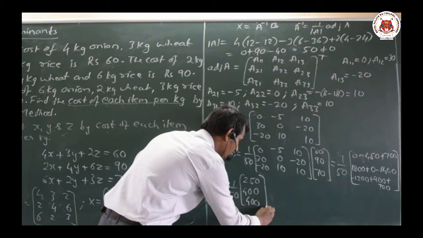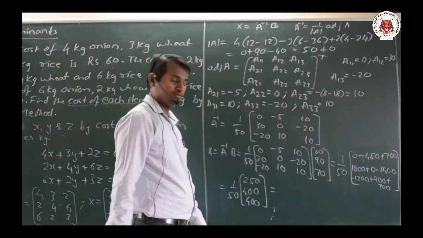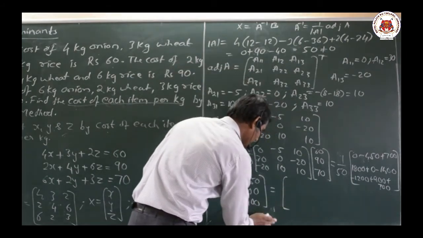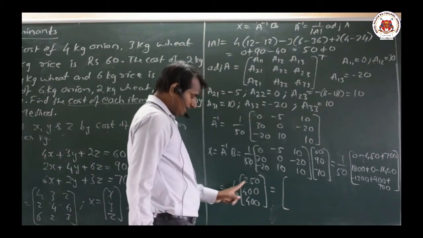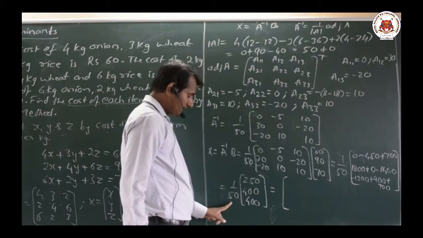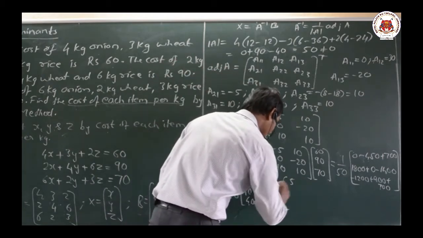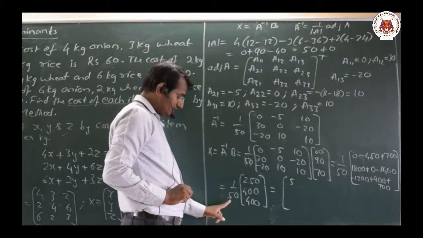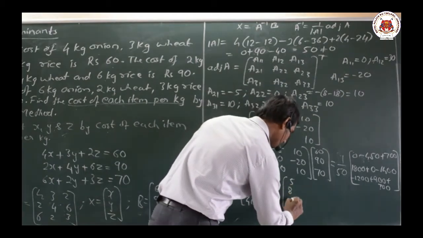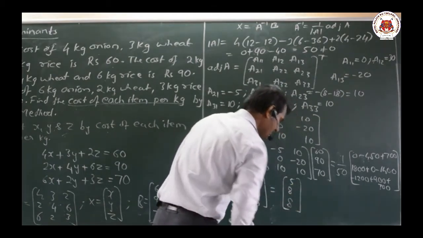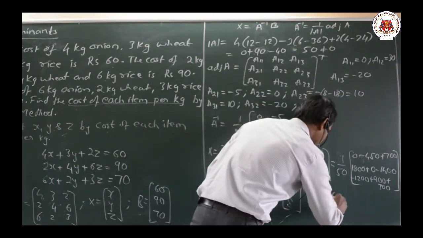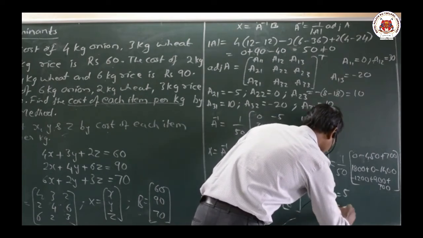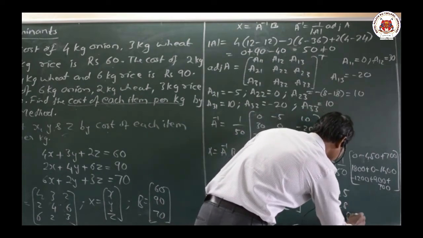Dividing by 50, 250 divided by 50 is 5, and 400 divided by 50 is 8, and 8 again. Therefore x is 5, y is 8, and z is 8.